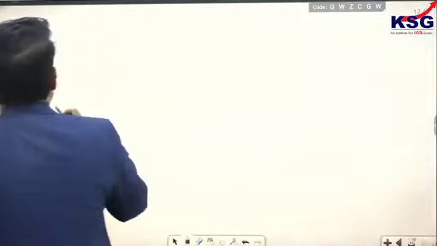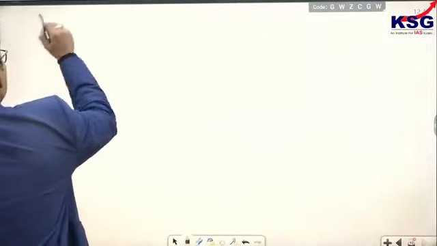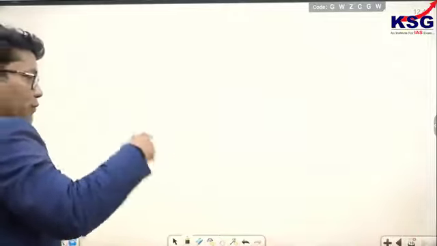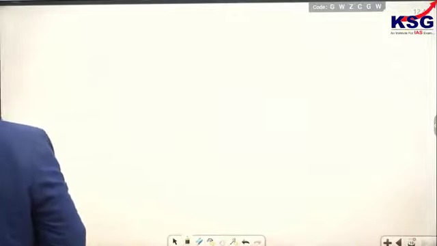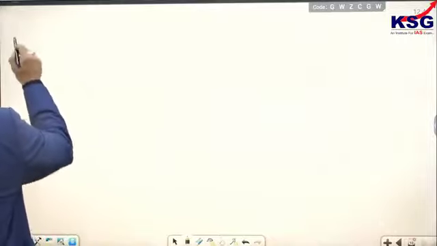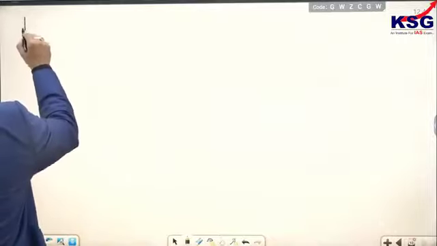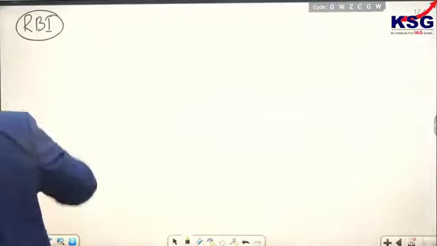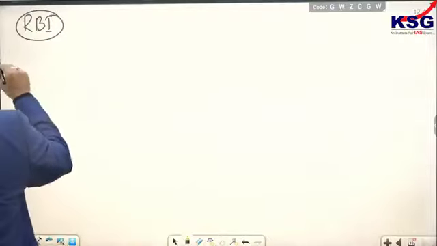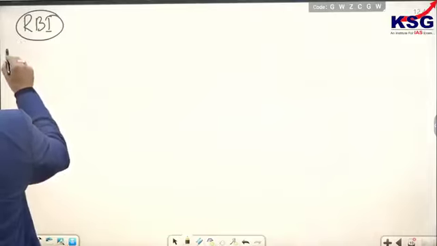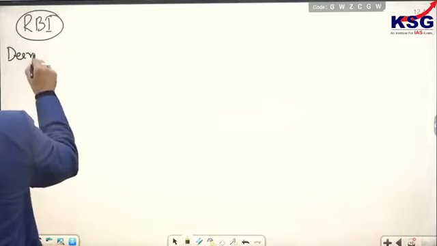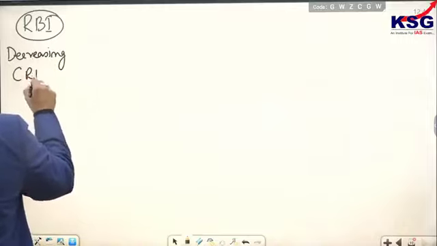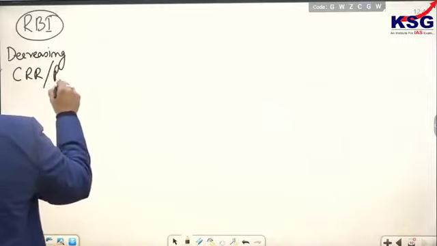Monetary policy: when you are talking about monetary policy, if you go back to the last class and overview all the class, you can get it that suppose RBI is here, and RBI is decreasing the CRR, or you can say the repo rate.